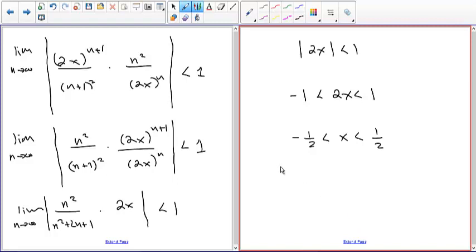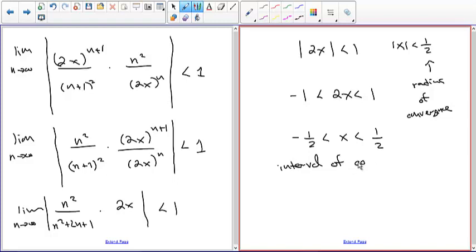So this is my interval of convergence. Actually, I never did the radius of convergence. The radius would be a half. If I divided by 2 like that, I'd get that. So this is my radius. It's just the value that you go plus or minus around the center point, which in this case is 0.